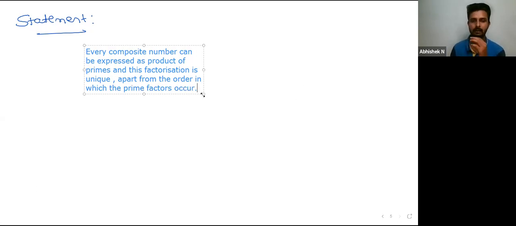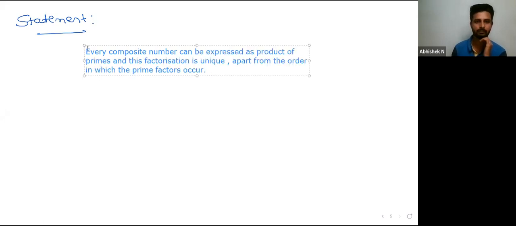So this is the statement of this fundamental theorem of arithmetic.